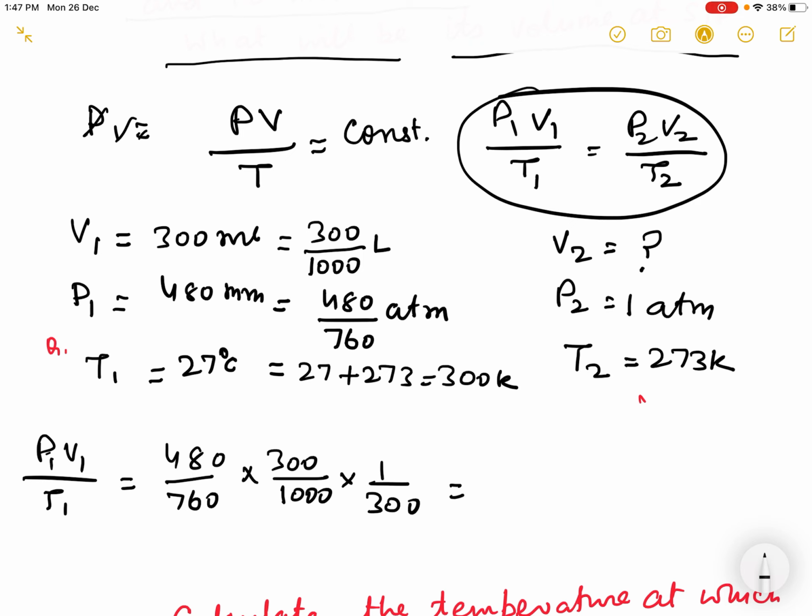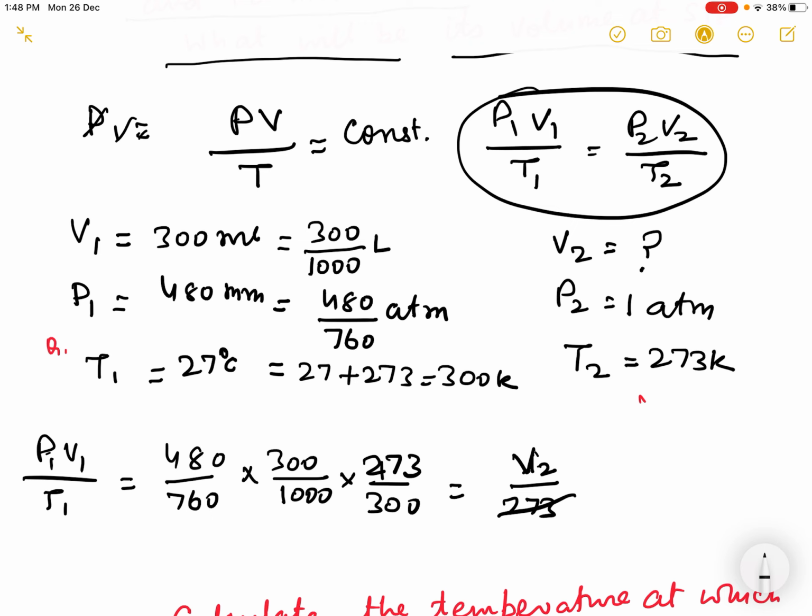This is equal to 1 divided by 273 into V2, and V2 can be calculated.